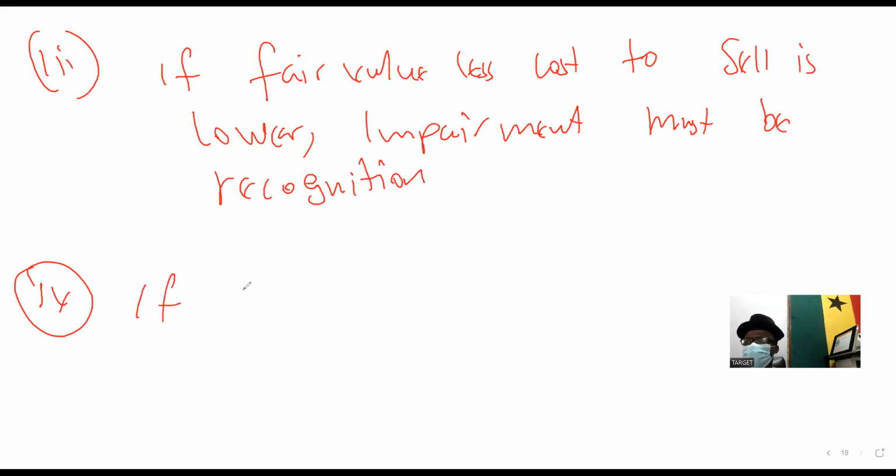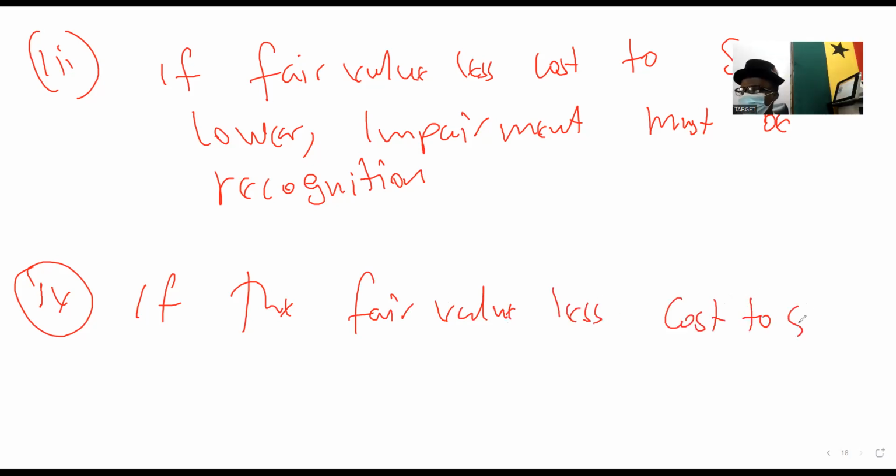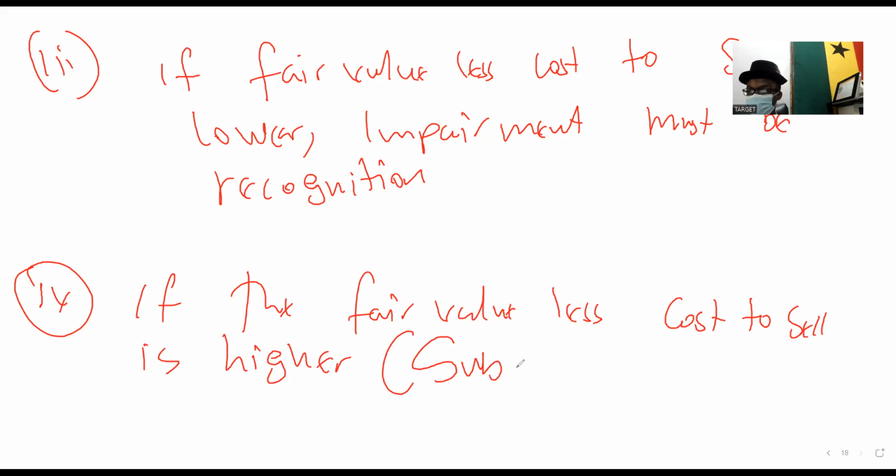If the fair value less cost to sell is higher, we normally call it subsequent increase in fair value less cost to sell. That's the nickname. Subsequent increase in fair value less cost to sell. What do you do?